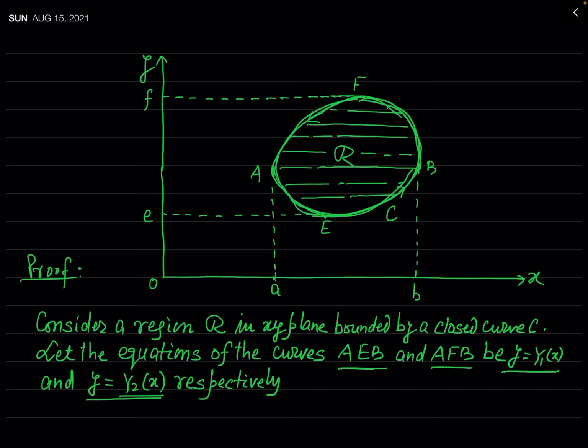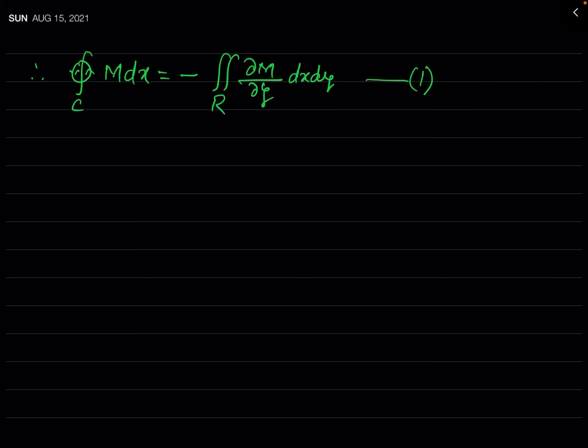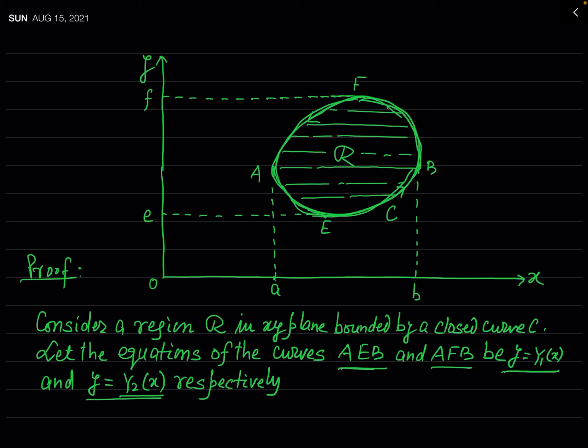So these two parts of the curve, EAF and EBF, can be represented by the equation x equal to a function of y, just opposite of the previous case. So let the equations of the curves EAF and EBF be as follows.